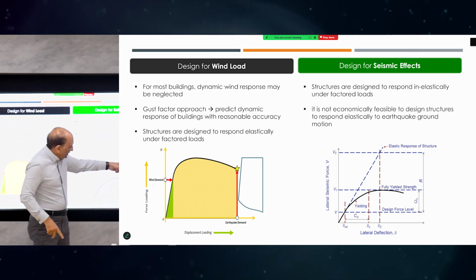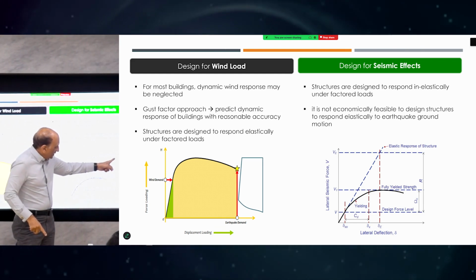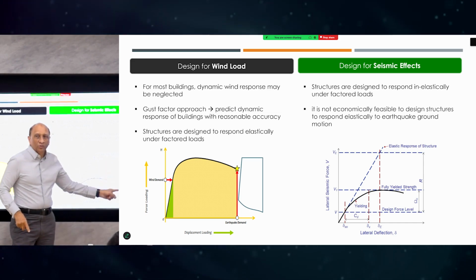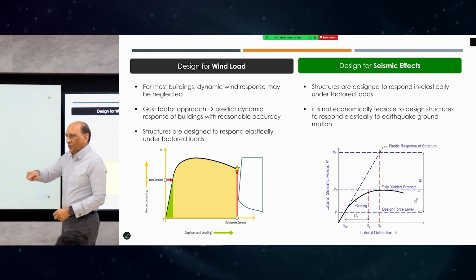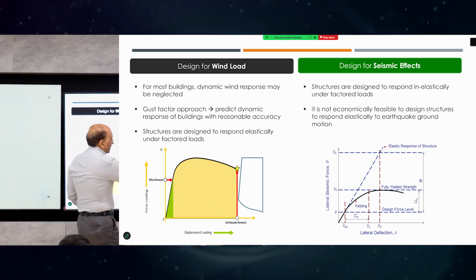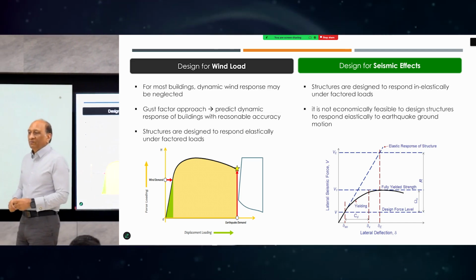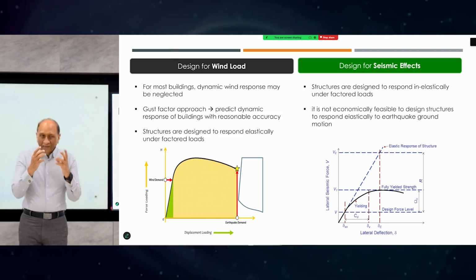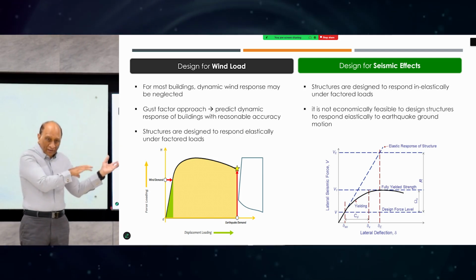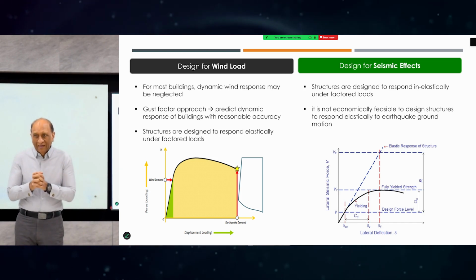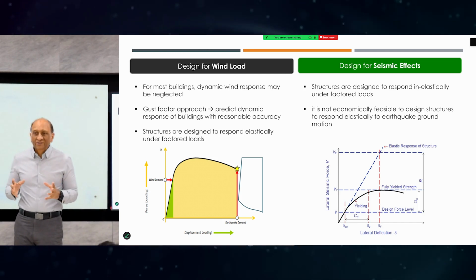And this reduction, this R factor, that is the reduction factor assumed for the linear elastic to nonlinear response, is the key estimating factor in the building codes that people use to estimate the nonlinear response from the linear response. I will talk more about that later. I'm just giving you an overview today. What are the challenges?